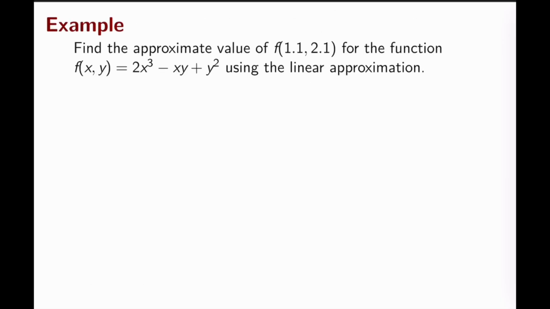How would you calculate an approximation, having the equation of the plane? In this case, we want to calculate f evaluated at (1.1, 2.1), and the function is this one. Of course, we could just plug into the function and find out how much this is.